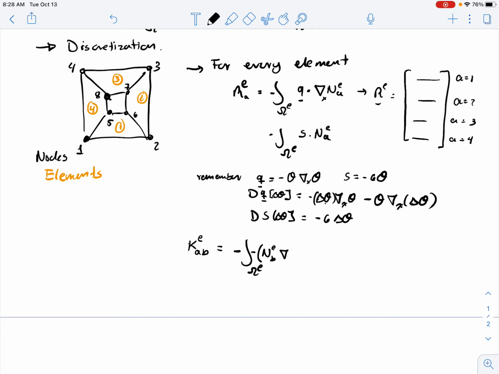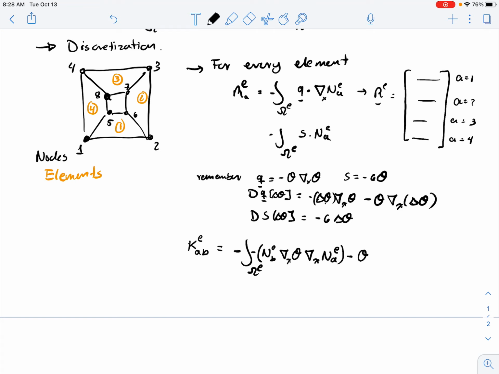So shape function b times gradient x theta times gradient of NA, minus theta, and then gradient of the increment.